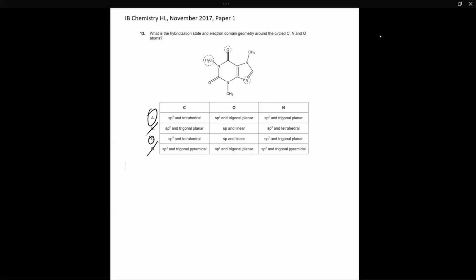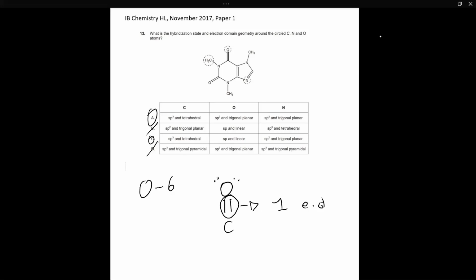Now oxygen is double bonded to a carbon. And we know that oxygen has 6 valence electrons. That means that it has 2 lone pairs, because only 2 of oxygen's electrons are engaged in bonding. Now, just a quick reminder, a double bond is still considered as only 1 electron domain.